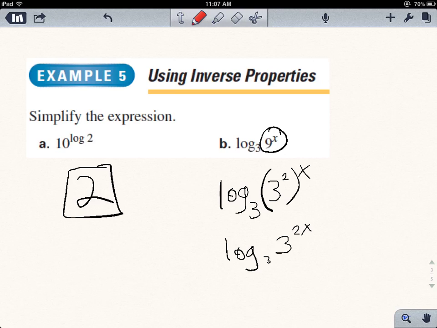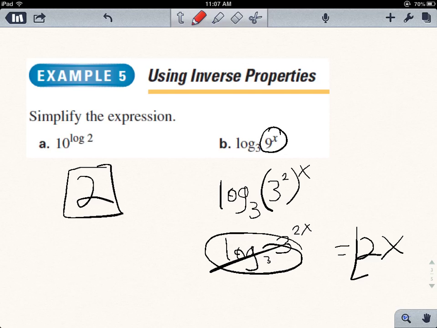So anytime your base matches, we can eliminate all of this, and you end up with just 2x. So again, if our value here, the 3, matches our base in the logarithm, then whatever the exponent is is your answer. Okay?